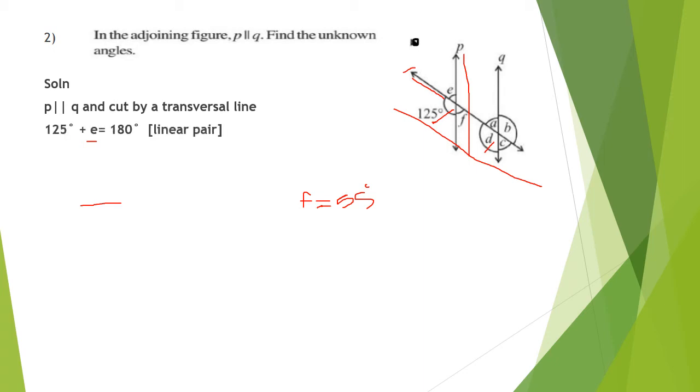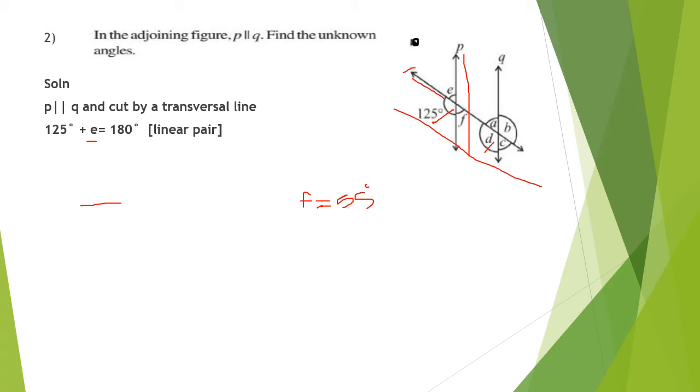Now, 125 degree plus E. Why are we writing 125? Look here, this is a straight line, and you can see two non-common arms and one common arm, and the angles formed on either side of the common arm.